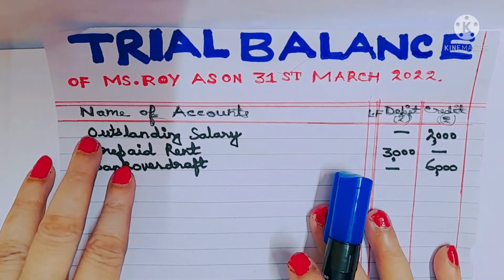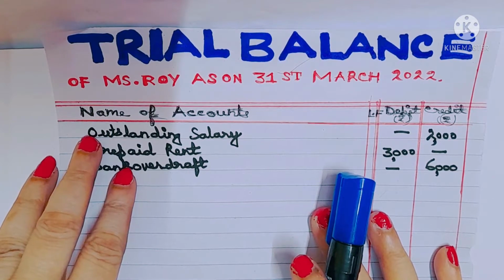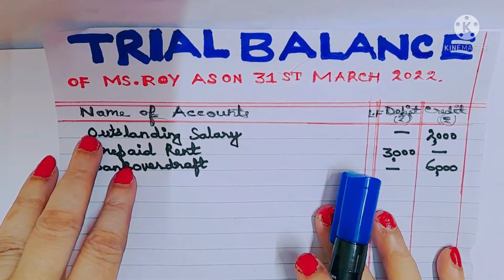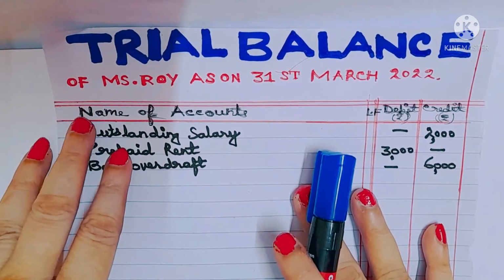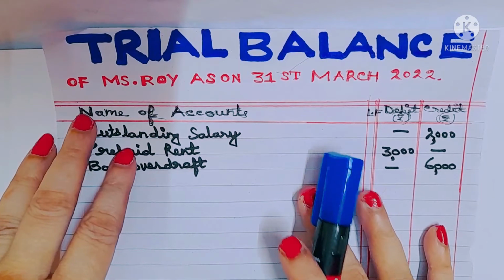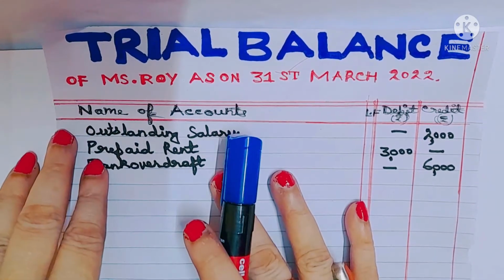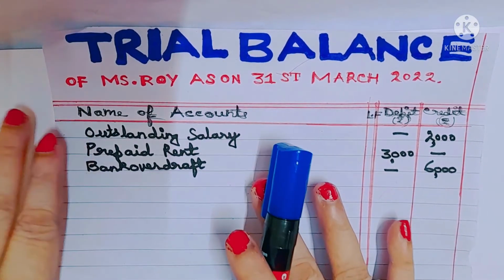Bank overdraft is a loan provided by a bank that allows a customer to pay for expenses when the account reaches zero. Actually, bank overdraft means withdrawing more money than in the account. Understood? So this is known as bank overdraft.